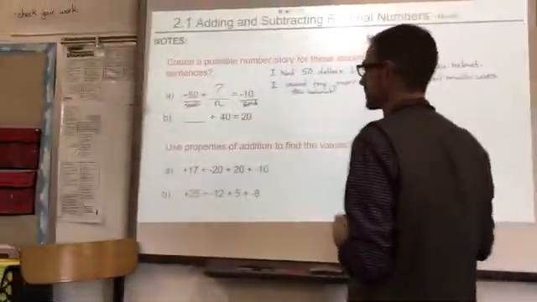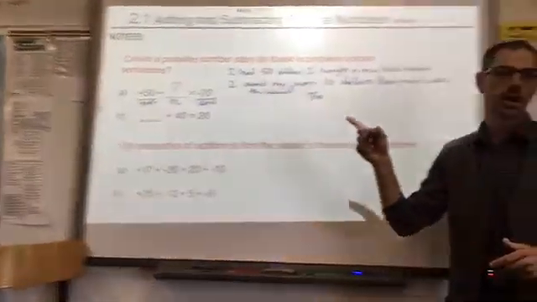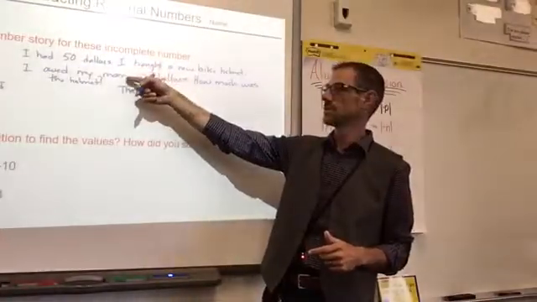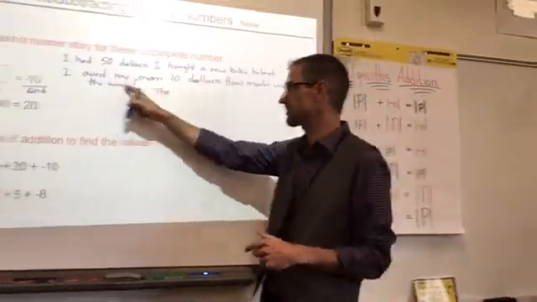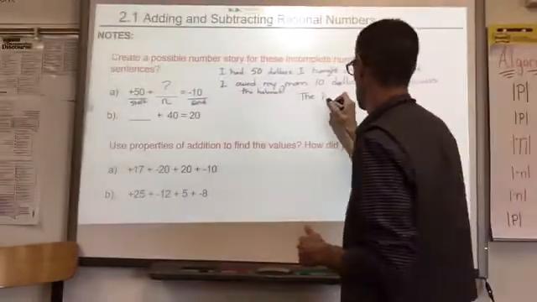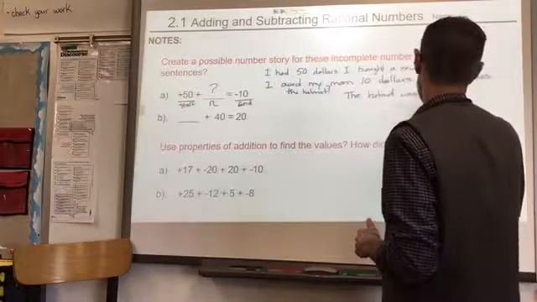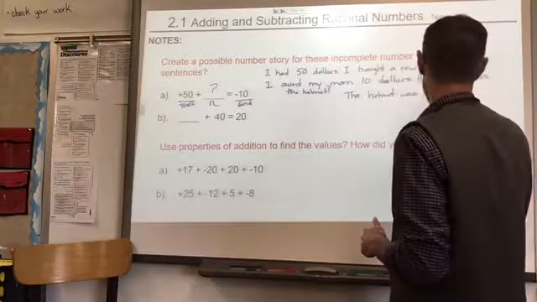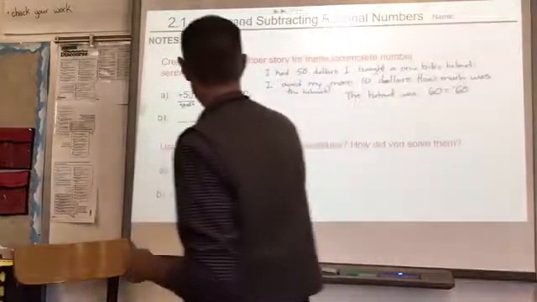So then, after I answer or after I write this, the helmet was 60, which in this case is a negative 60.